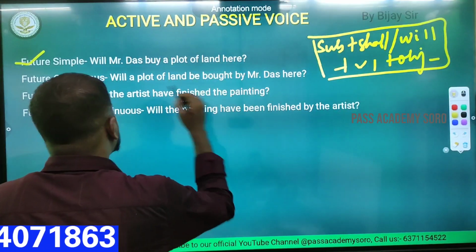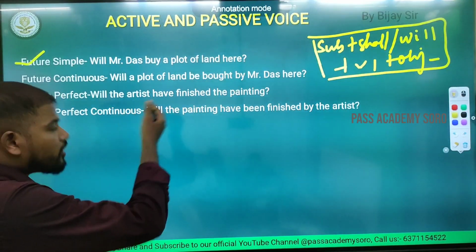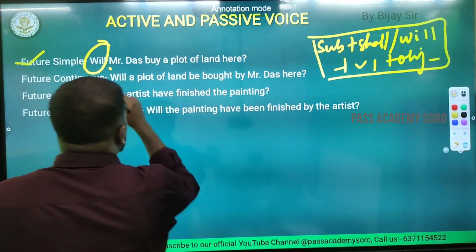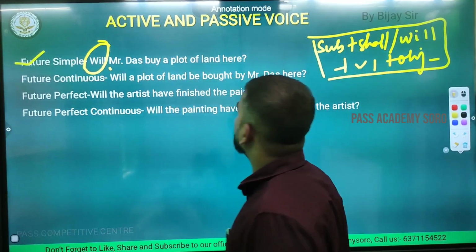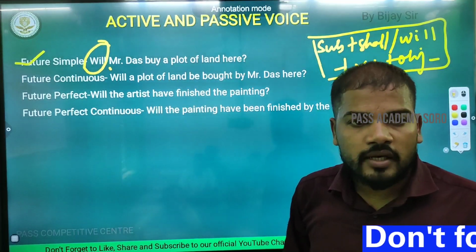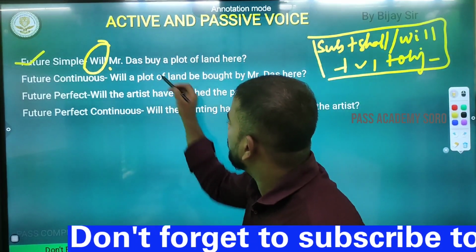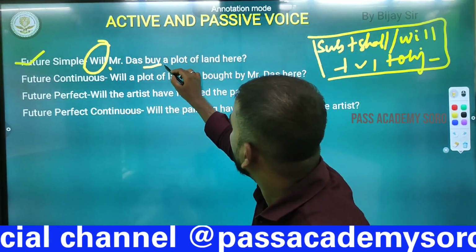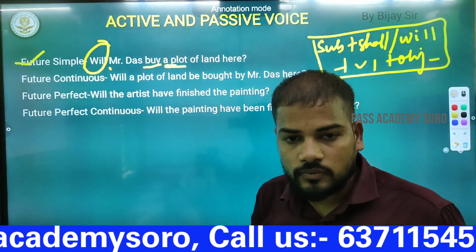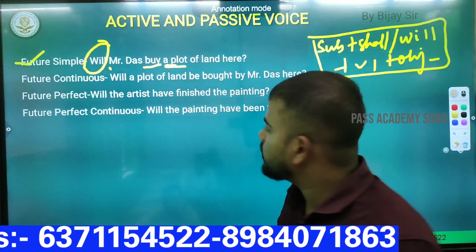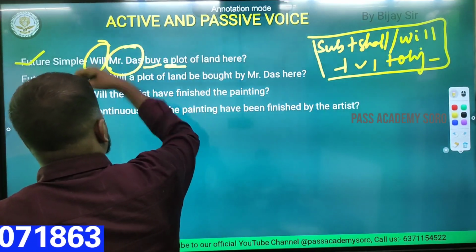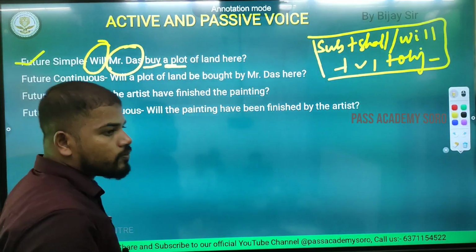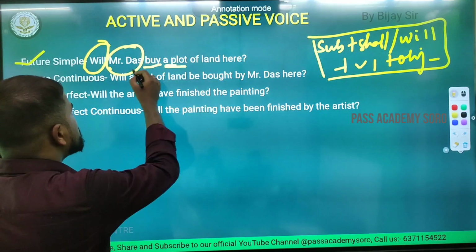According to the structure, in interrogative form the helping verb comes to the beginning. So, will Mr. Das buy a plot of land here? Buy is the verb, a plot of land is the object, and Mr. Das is the subject. Dear student, according to the rule, we put the object into the subject position in passive voice.